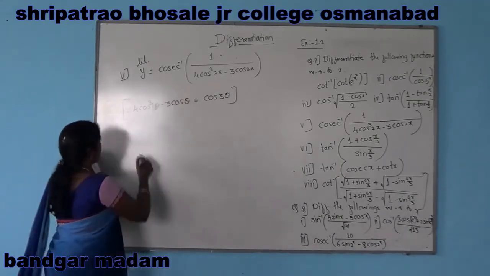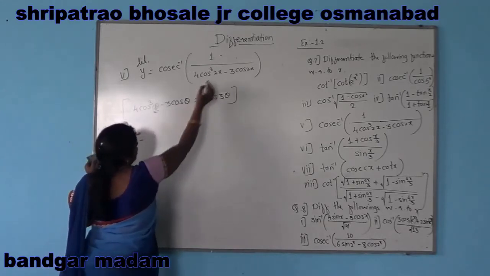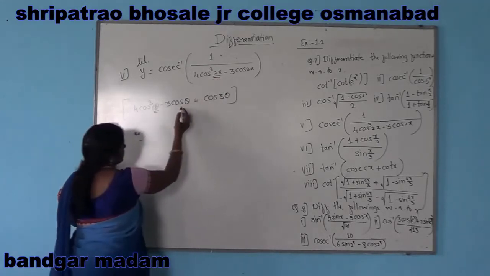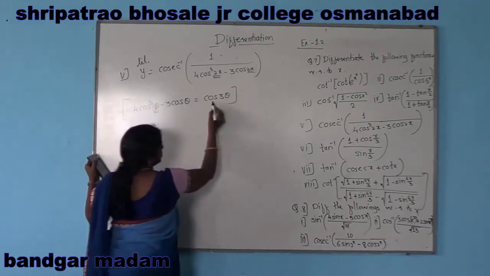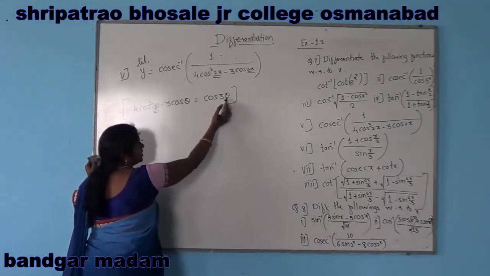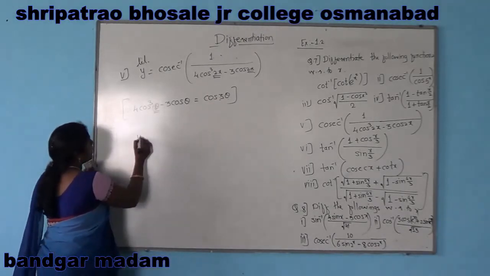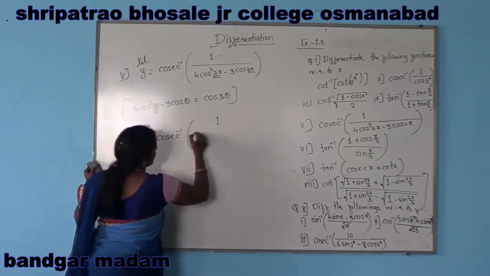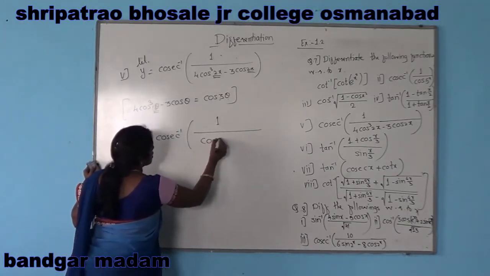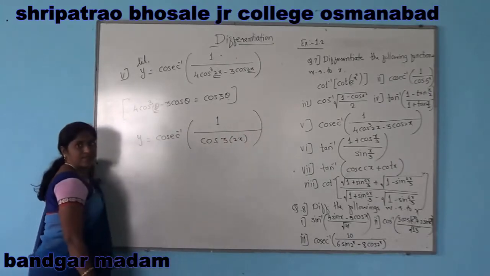Okay? Now this has theta as 2x, okay? 3 cos theta, 3 cos 2x. So we have to write cos 3 theta, 3 times 2x. So we get y is equal to cosec inverse of 1 upon cos 3 times 2x.